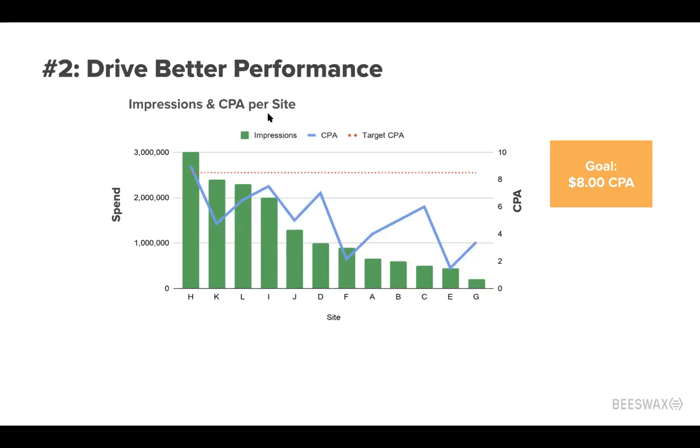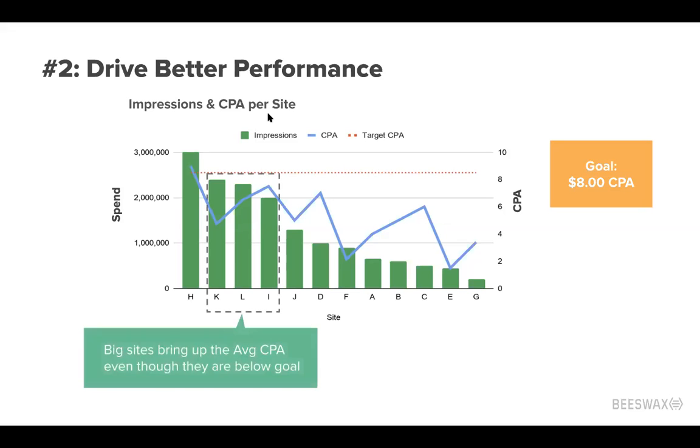And so this is what you would typically see. There's some sites that are performing amazing CPA but lower volume, other sites that are delivering under my CPA just by a hair, and accounting for a lot of volume. And what that does is the big sites are actually bringing up the average CPA, even though they're below the goal, right?